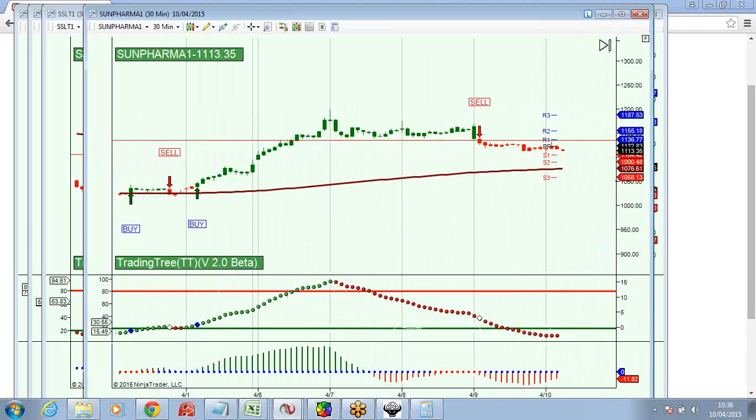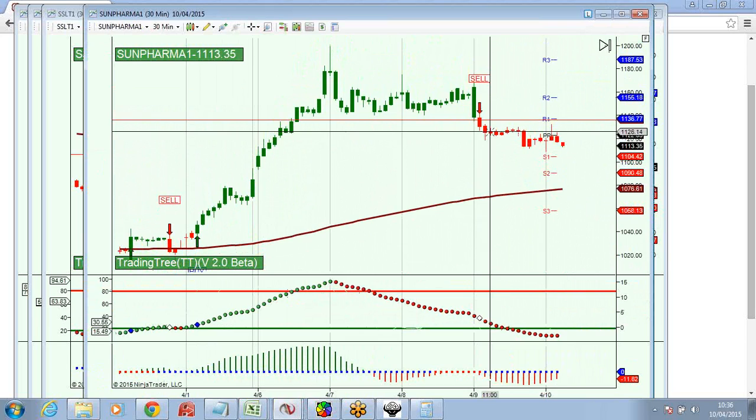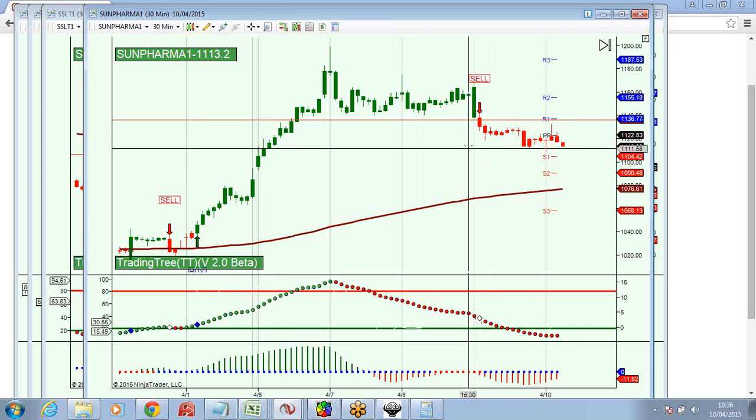You can even check this Sun Pharma. So we got this call yesterday. The strike was around, let's say, 1120. So you'll buy a put option here because it's a sell call.